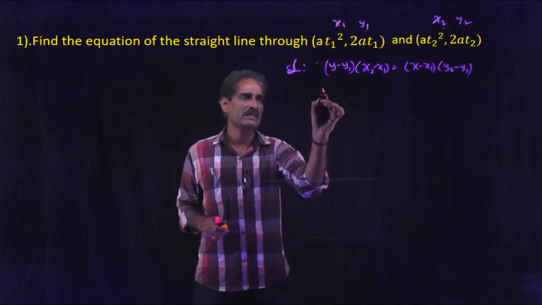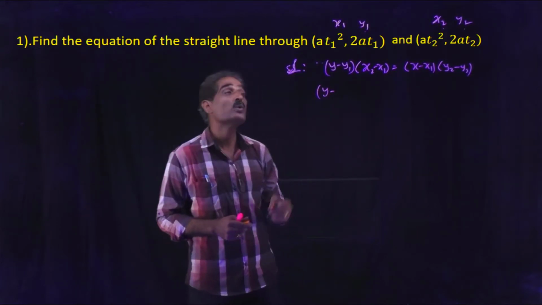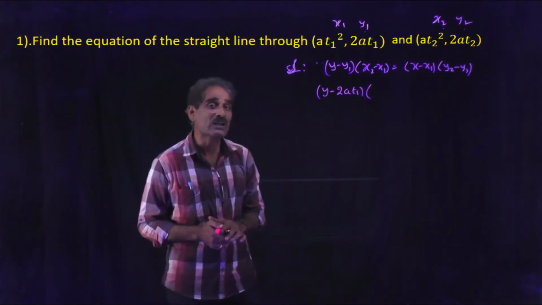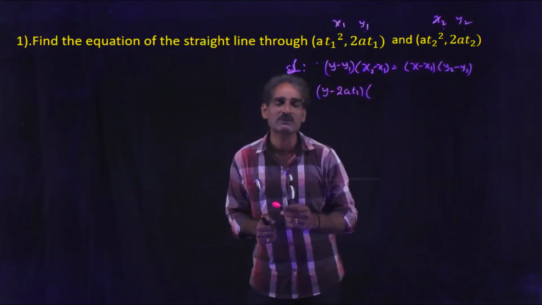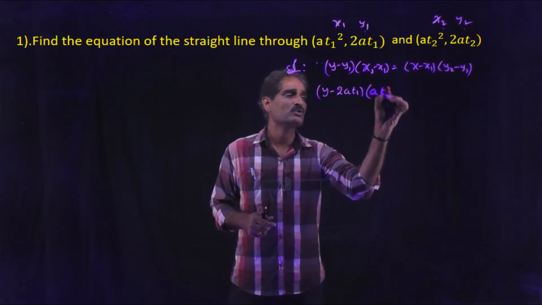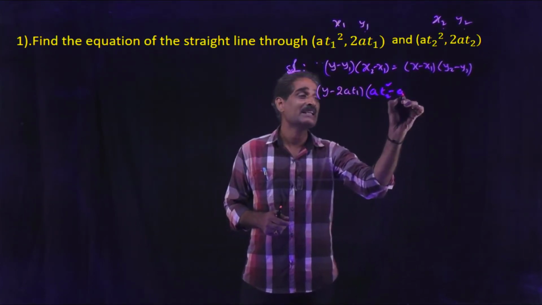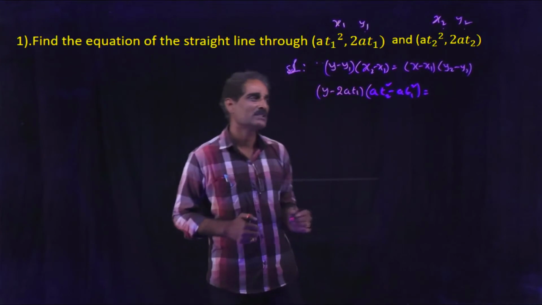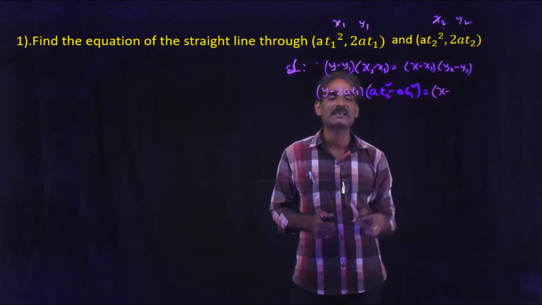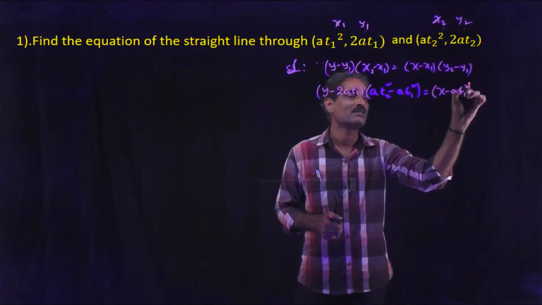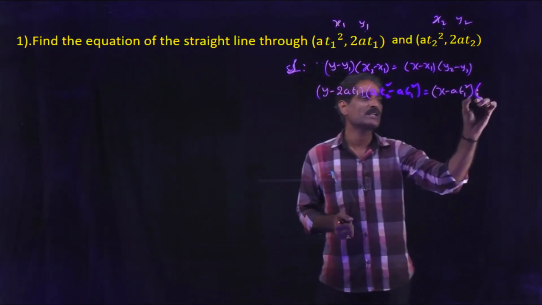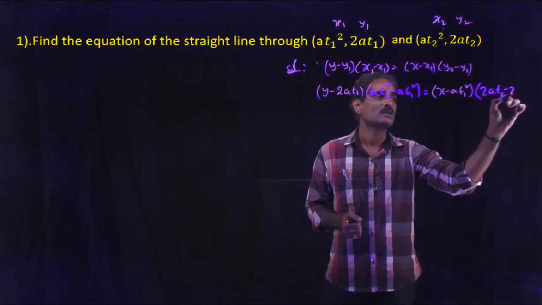So y minus y1, what is y1? 2at1, into x2 minus x1. x2 minus x1 means at2 square minus at1 square, is equal to x minus x1, x minus at1 square, into y2 minus y1, 2at2 minus 2at1.